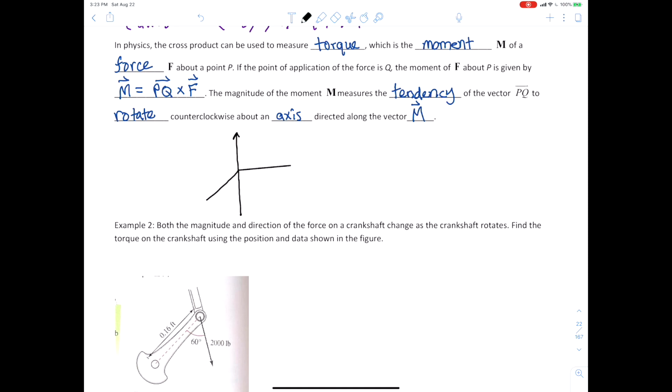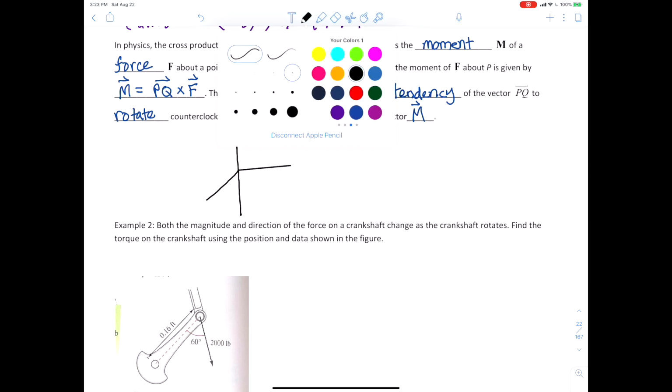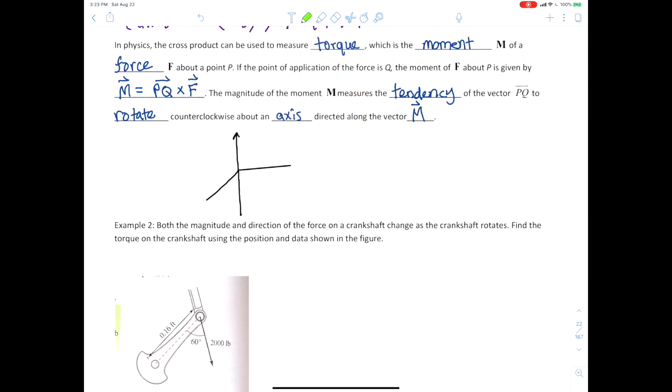All right, so we'll call this M, I'll do it in green here. This will be M. Cool so far?